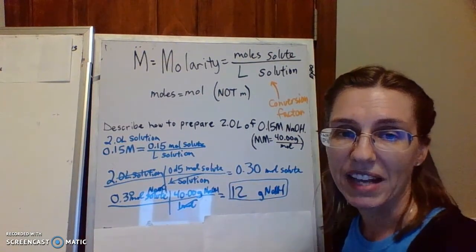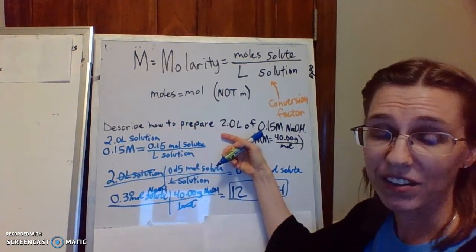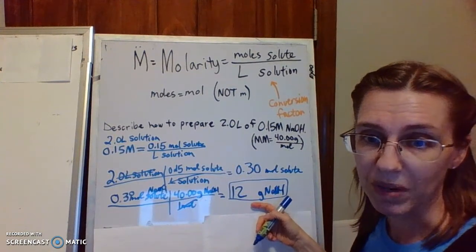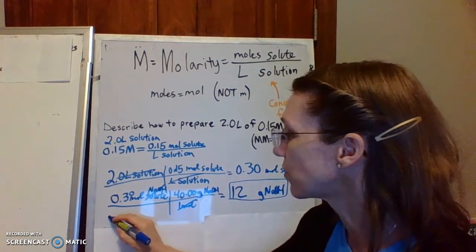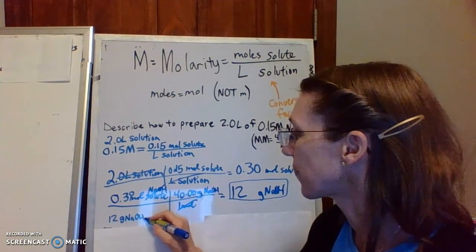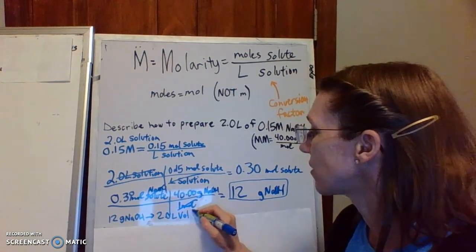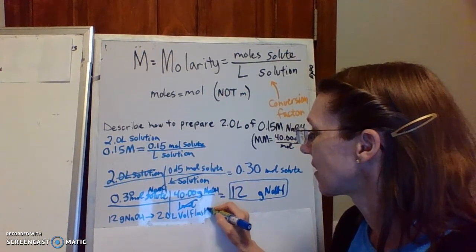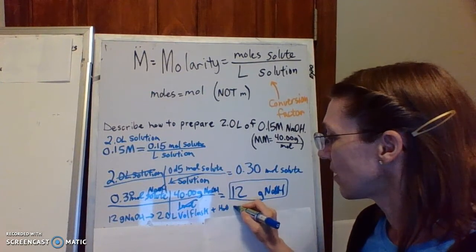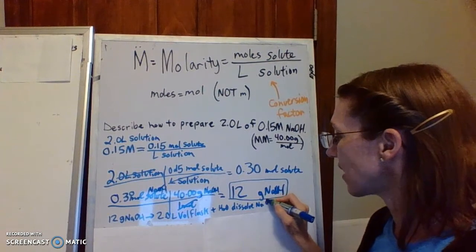Is that what the problem asked us for? Well, not quite. It said describe how you're going to prepare the solution. Now, yes, we needed to do this calculation to find out how much sodium hydroxide is there. So to prepare the solution, you would take 12 grams of sodium hydroxide, put it in a 2-liter volumetric flask, add some water to dissolve the sodium hydroxide.